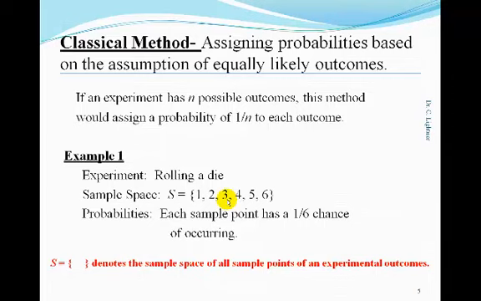For the classical method, if an experiment has n possible outcomes, then there is a 1 over n probability that each outcome will occur. So in this case, since there are 6 possible outcomes, each sample point, also known as an experimental outcome, has a 1/6 chance of occurring.